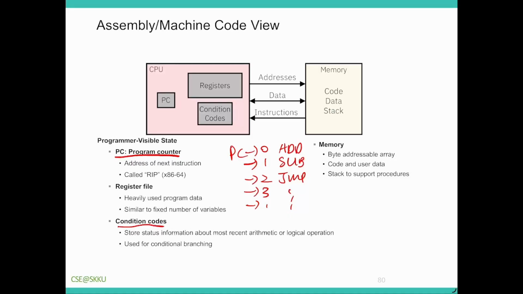This is used for conditional branching, such as if, else, while, or for loops in terms of C terminology. These store the result status information from computations so that we can make a decision as to which block we're going to execute depending on the condition we usually have inside the if statement.